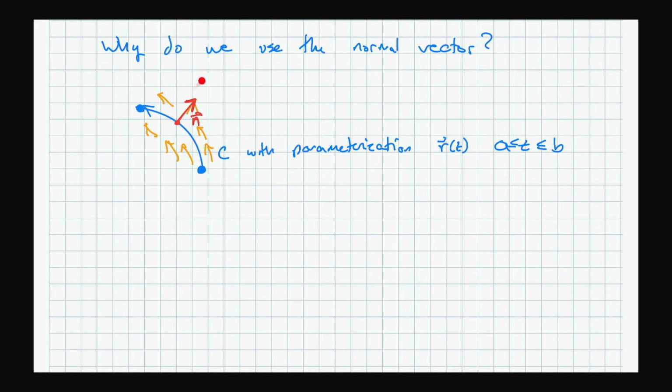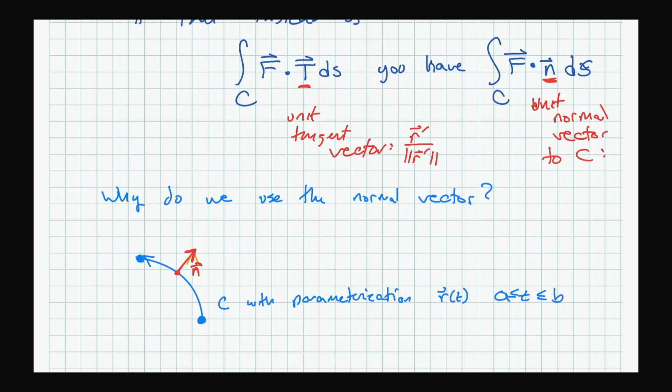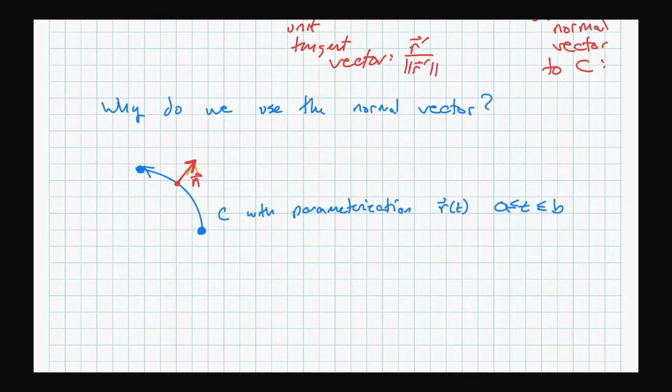In order to cross through, it needs to be going in the same direction as the normal. And that's why you need to know the normal vector instead of the tangent vector in this line integral. Because when the fluid lines and the normal lines are pointing in the same direction, that's when fluid is crossing through C. Okay, so that's why it is the way it is.